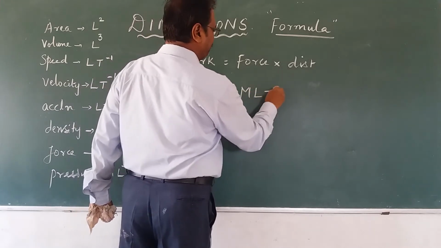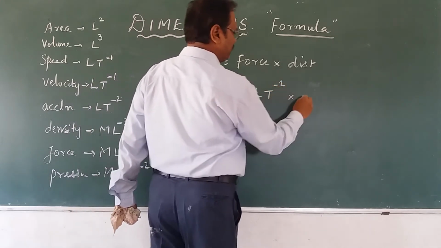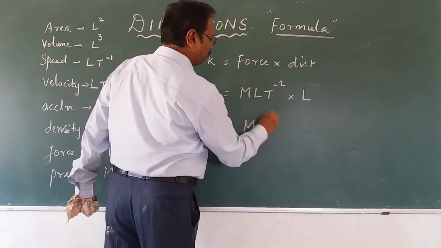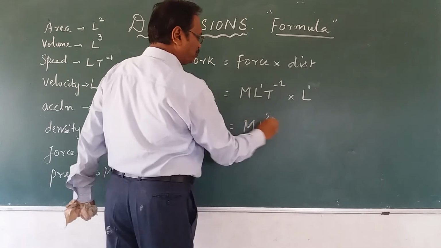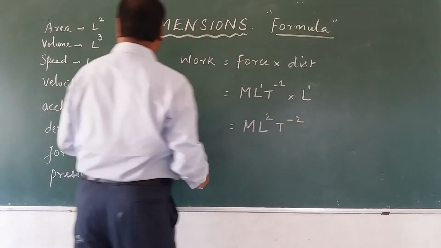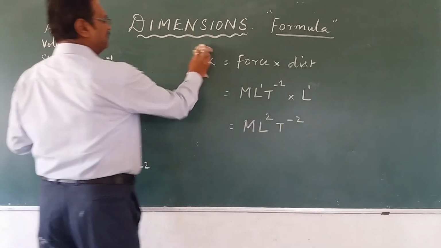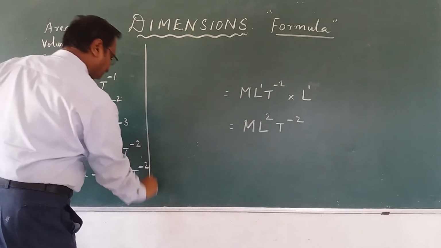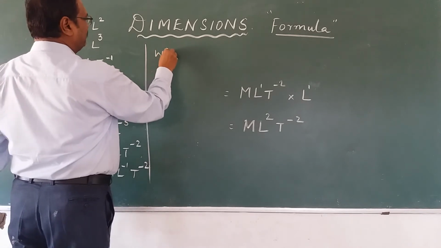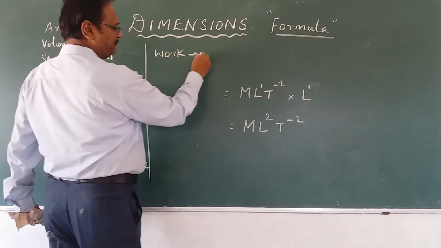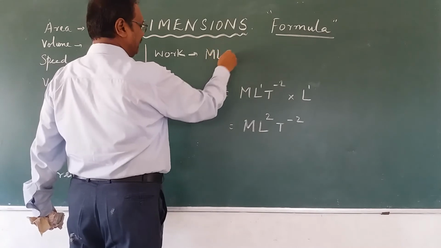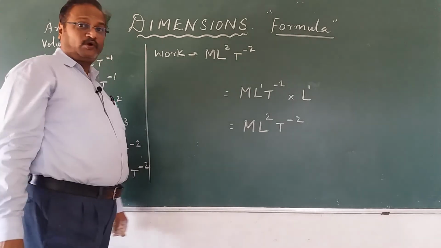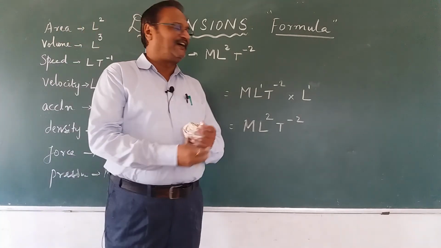M L t power minus 2, into distance, which is length, that is L, so M L power 1 plus 1, which is 2, t power minus 2. For work, the dimensional formula is M L power 2 t power minus 2. Now I have found work.